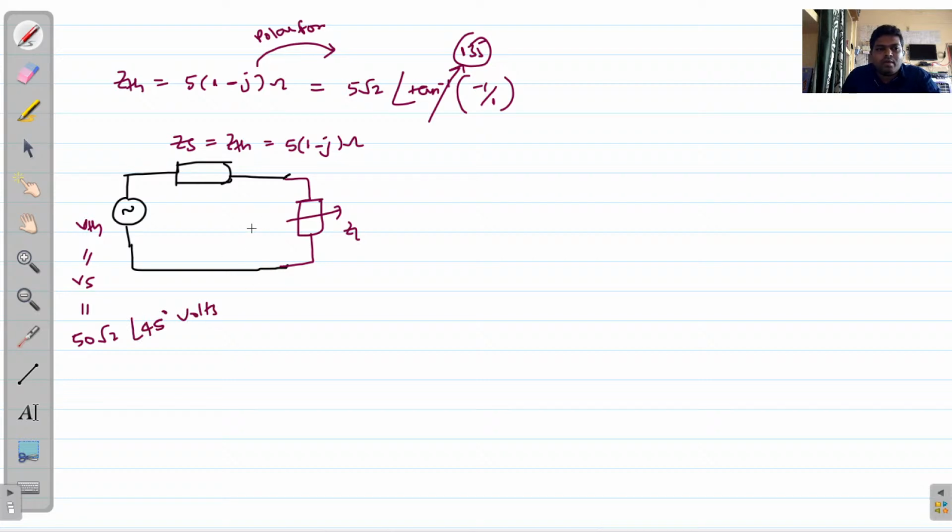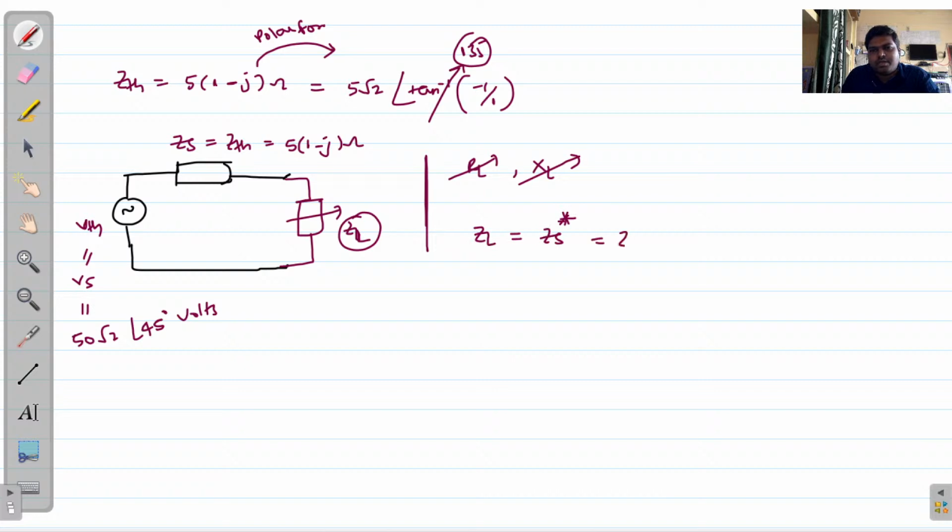Now you need to evaluate the ZL value, right? So according to our maximum power transfer theorem, here both RL, XL are variable, so that ZL equals to what? ZS conjugate, right?